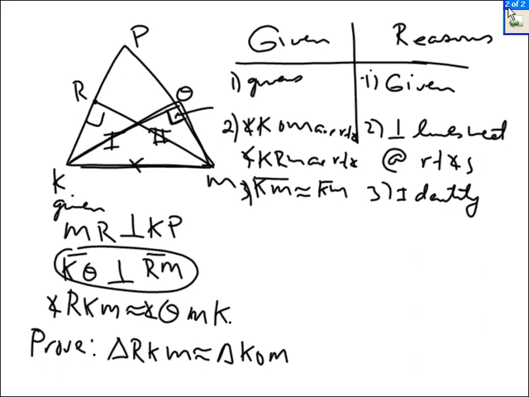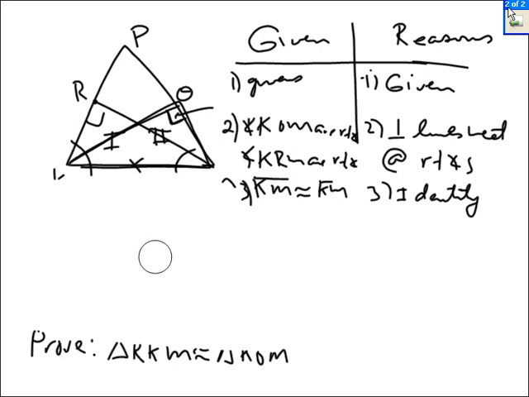Now, angle RKM, this angle right here, and angle OMK are given to be equal. Now, let us separate these two triangles. Let me put it where the given was. So what we have is RKM, and we have KOM.